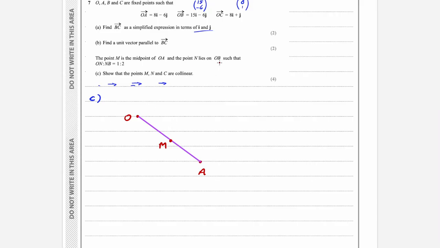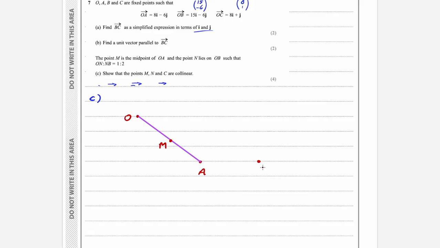Then there is B, there's N, which is on OB such that ON to NB is 1 to 2. Okay, so let's just draw B, guys. It's 15, negative 6. So that'll be 8 to here. That would be 16. Let's say that's 15, negative 6. The j component is the same.